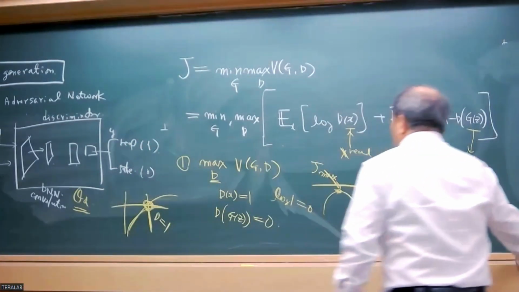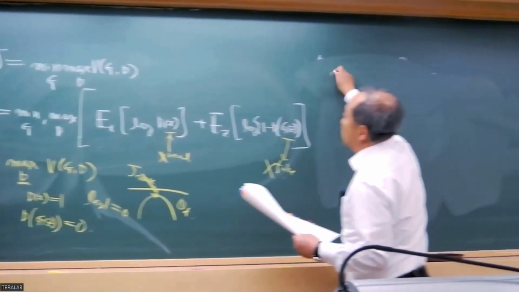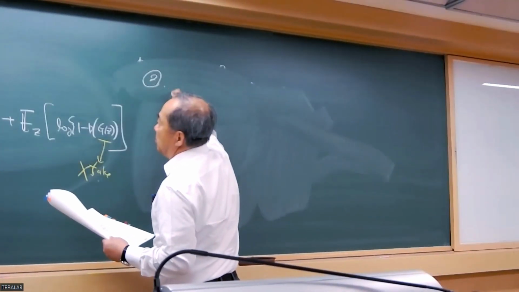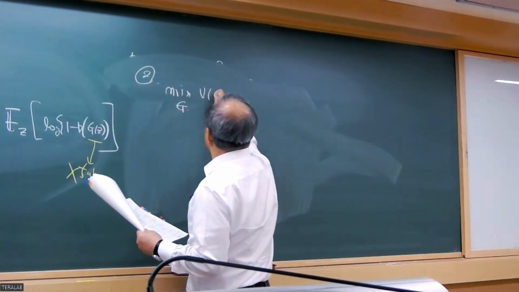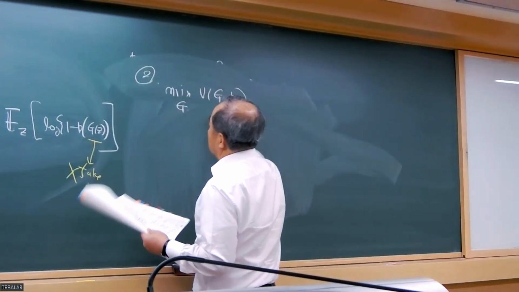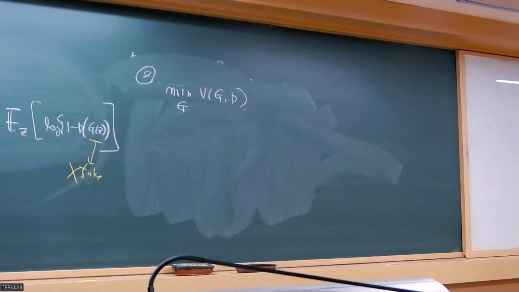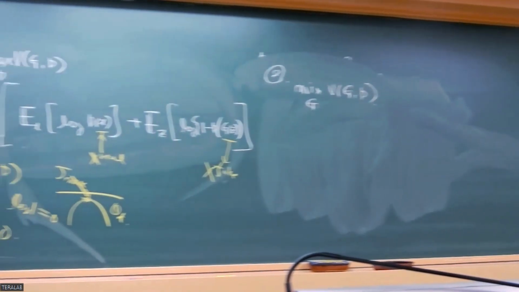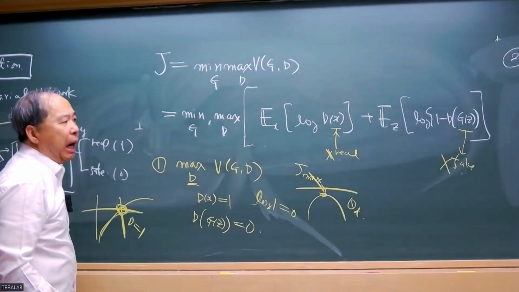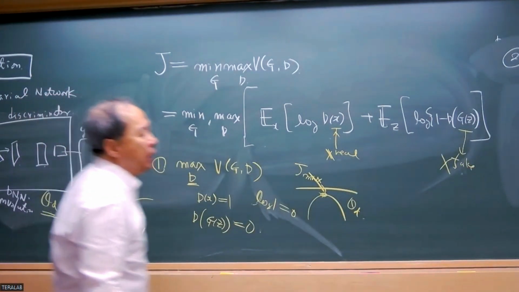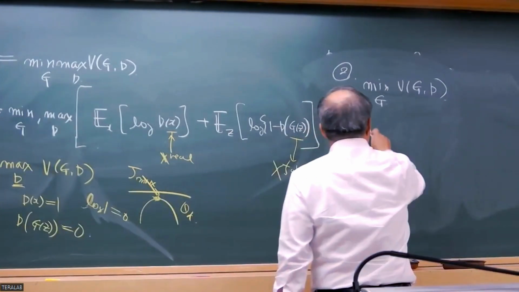Now, how are we going to train the generator? We want to train generator so that this loss function is minimal. How can we achieve that?